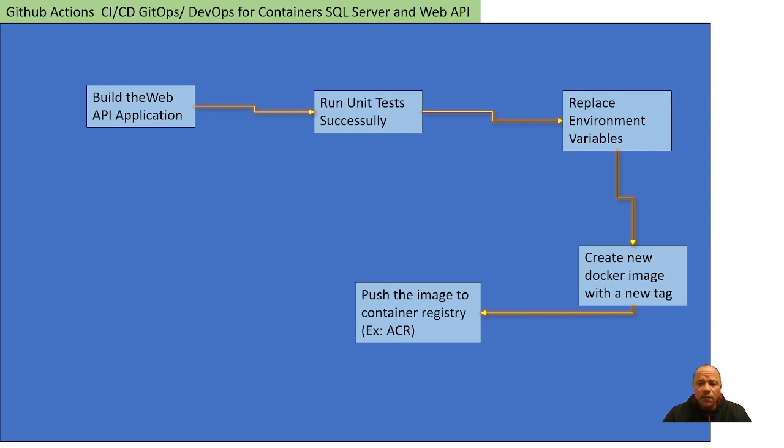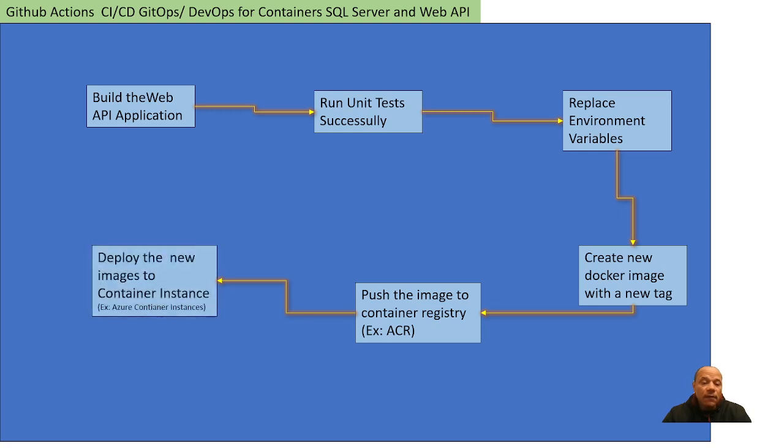And it's going to push this new image with a new tag to the container registry. In this case, we are using Azure. And it's going to deploy the new image into a container instance, in this case Azure Container Instances. So let's see how this is going to work in action.